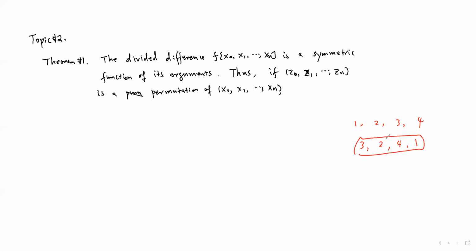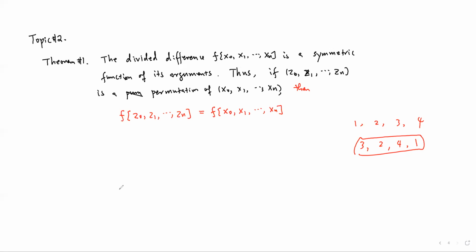This is a permutation of these numbers. If c0, c1, cn is a permutation of x0, x1, xn, then we have the divided difference at c0, c1, cn. This number is equal to this number. In other words, the order of the nodes doesn't matter. This is the first property.